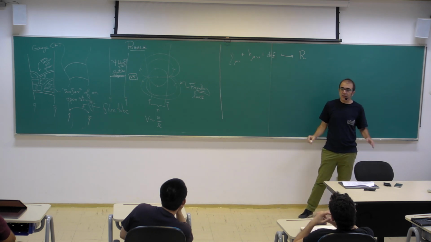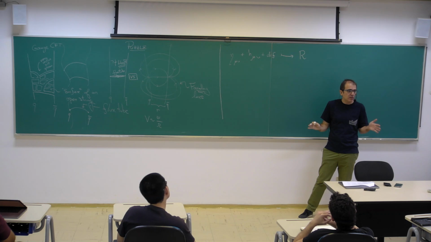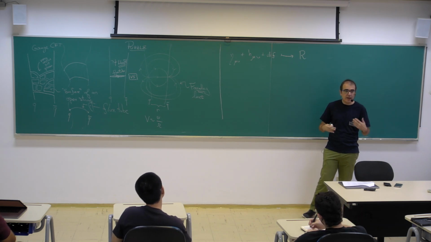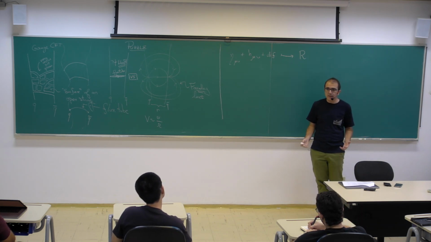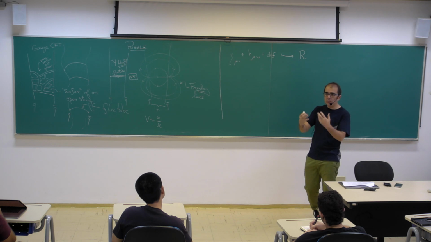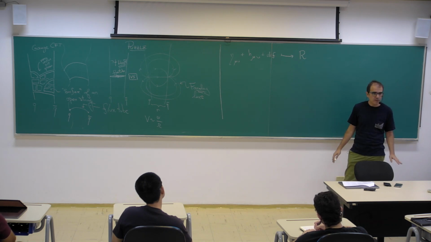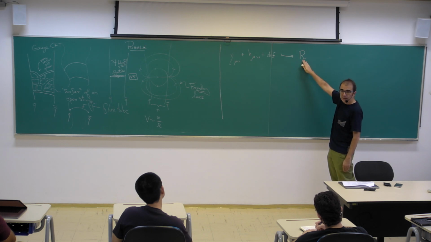Why? Because I write everything I can write, and the Ricci scalar is the thing with the smallest number of derivatives. And so it's what dominates at low energy. So it's not like we need to think a lot. Now we know in modern terms that once you know the degrees of freedom, you write everything that's compatible with those degrees of freedom. The things with the smallest dimensions dominate, and higher dimensions are subleading in the infrared. So we know immediately it's GR.